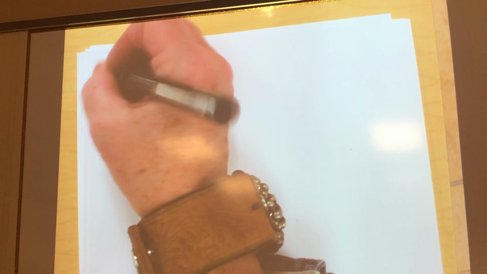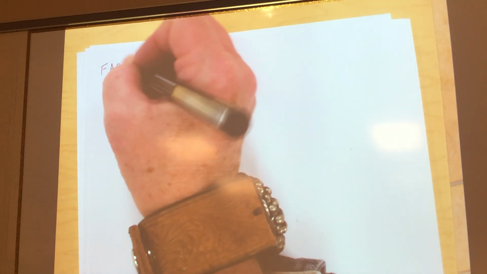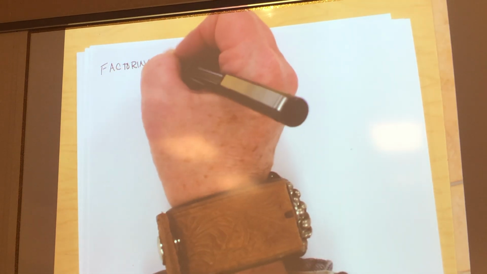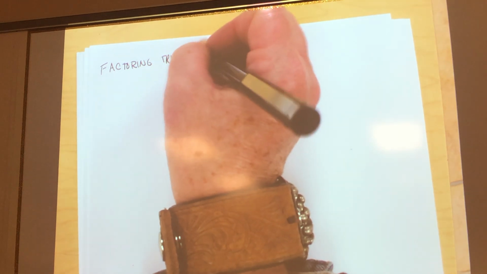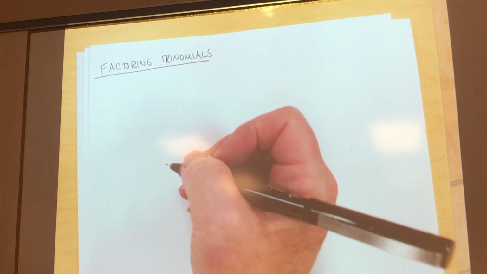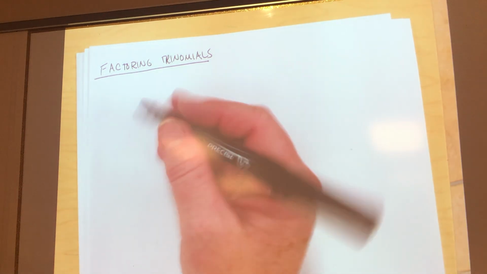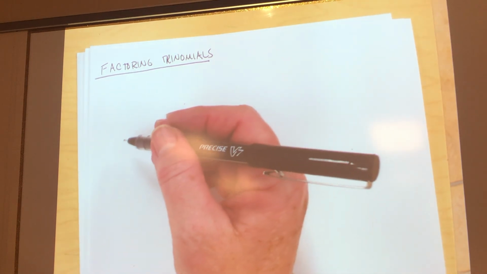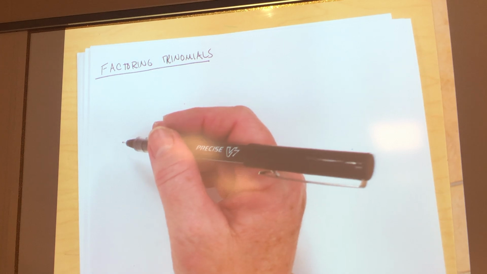Okay, so now let's practice. Now we're going to start practicing factoring trinomials. I'm going to share all the tips that I can with you. These are the first 2 things that I ask myself every single time I'm going to factor something, because it makes my life easier.